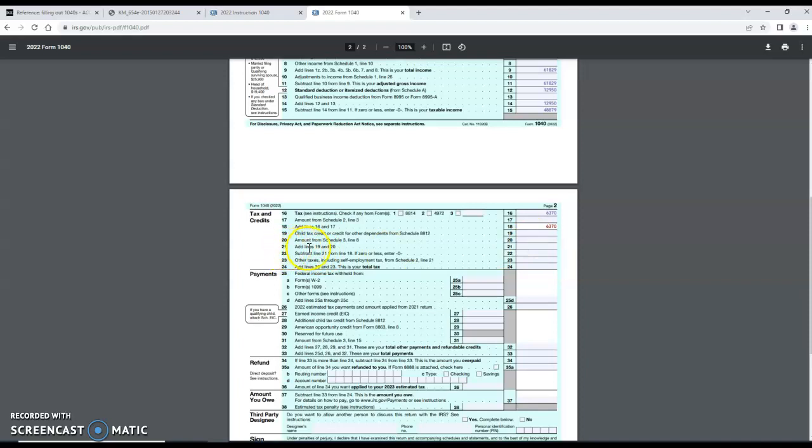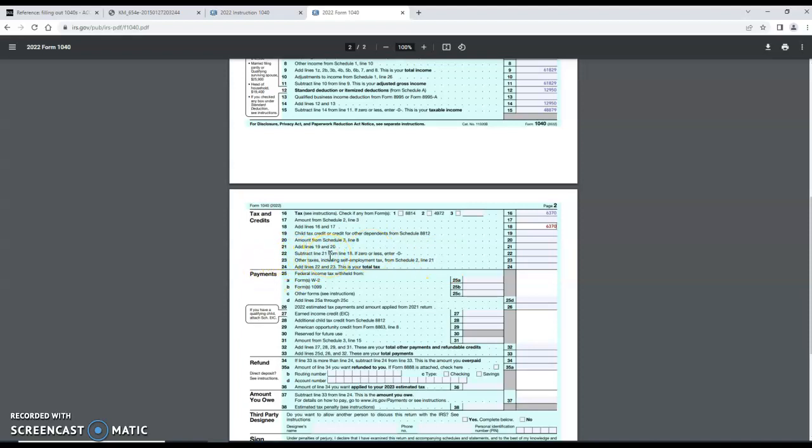And so line 21, add lines 19 and 20, so 0 and 0 is 0. And for the most part, unless they tell you, like this line 22, if 0 or less, enter 0. If they don't say that, and you have a 0, like 19, 20, and 21 are all 0, you just leave it blank. Okay, so we're going to go to line 22.